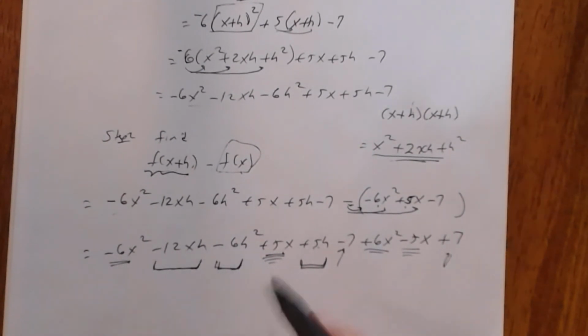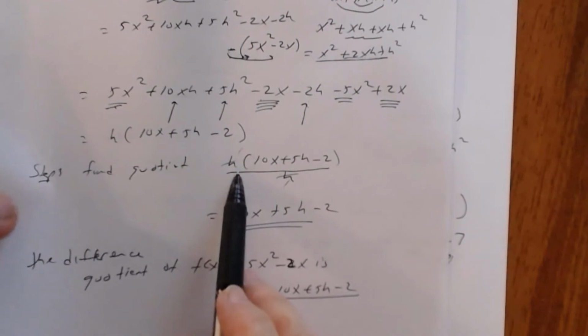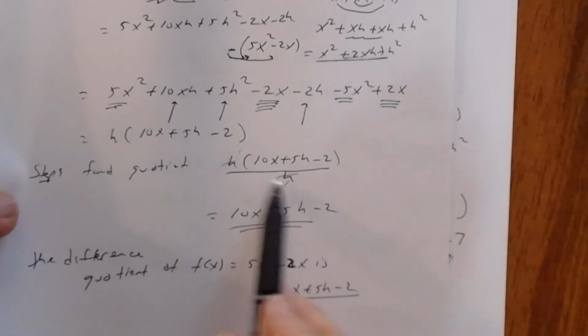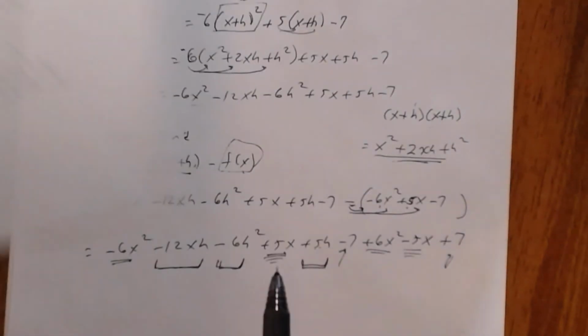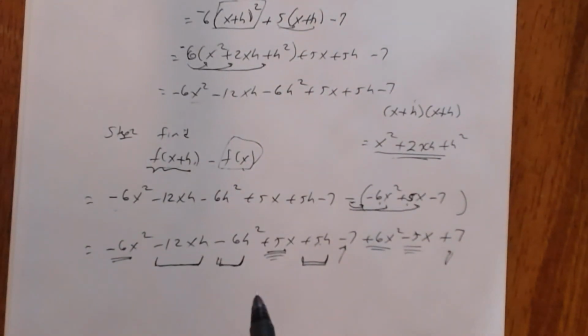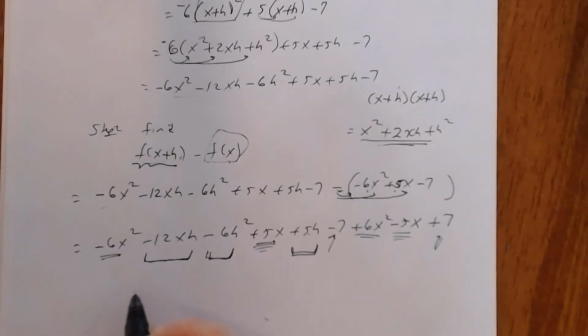So at this point, I'm going to factor out an h. And remember why I did that earlier. When I factor out an h, this factor will reduce with the h that's in the denominator. That's the only reason. Because you want to reduce. You want to simplify. Okay, so at this point, since these three terms have the variable h as a GCF, I'm going to go ahead and factor out the h.